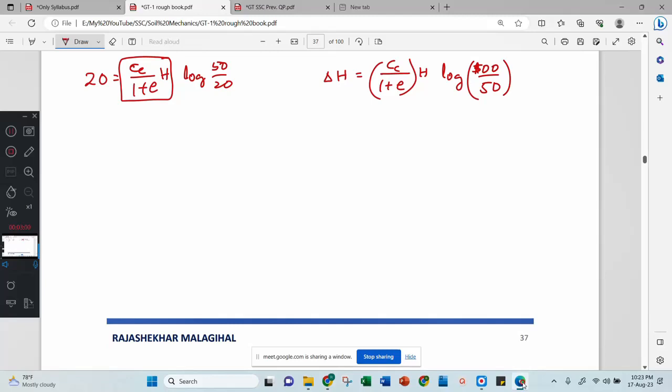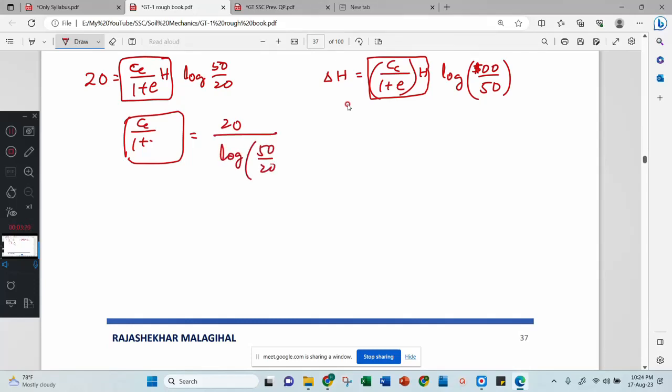Here, 20, this entire thing we will consider as one thing. Then Cc by 1 plus e, that box, is equal to 20 divided by log of 50 by 20.